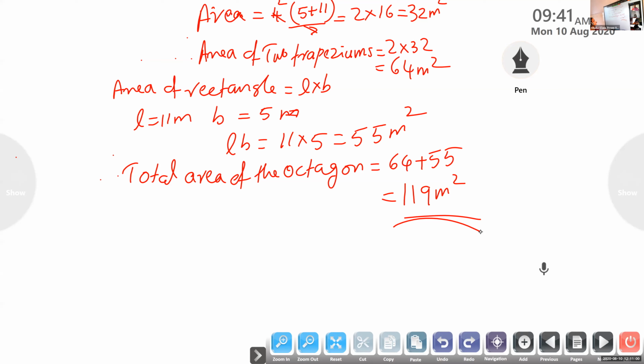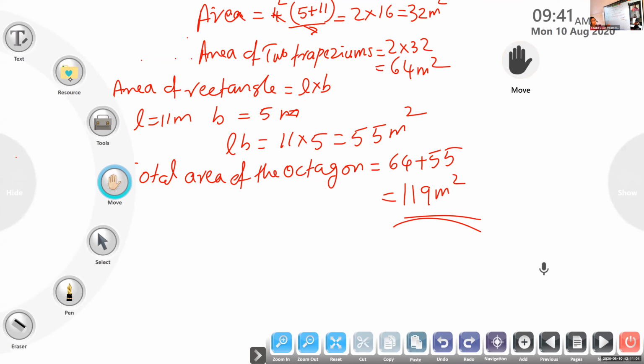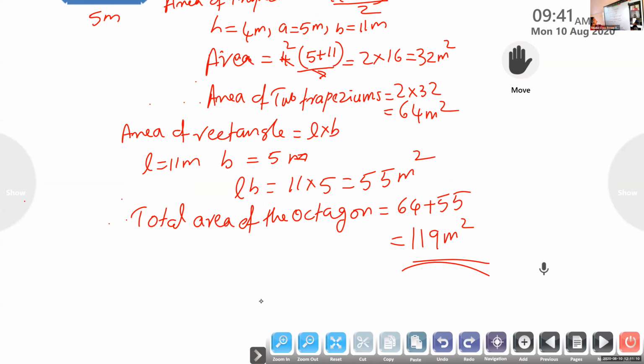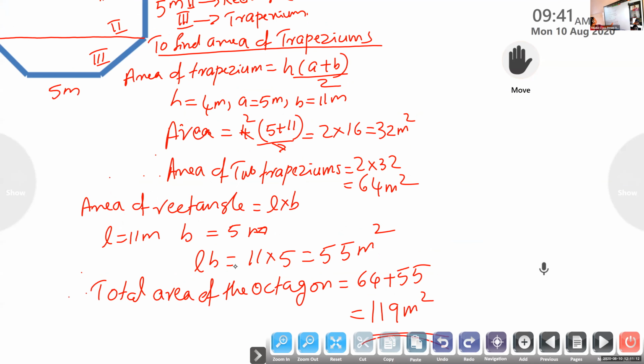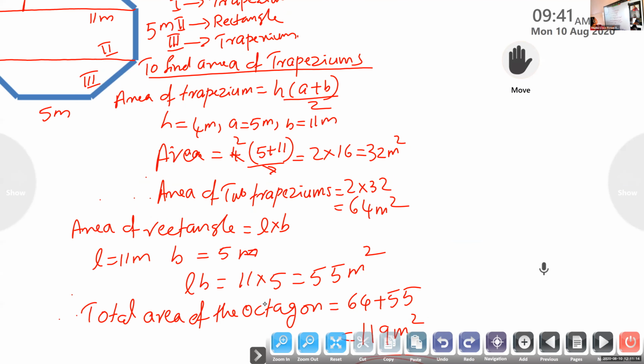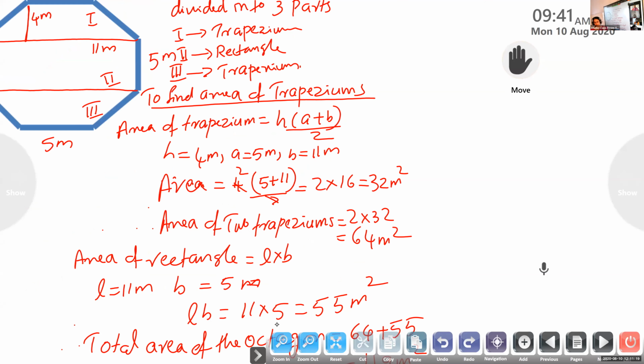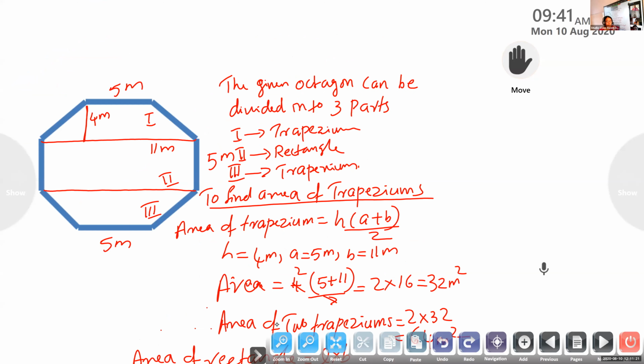Okay, I will explain it once again. Here we have an octagonal platform. It is a regular octagon and given that sides are 5 meters.